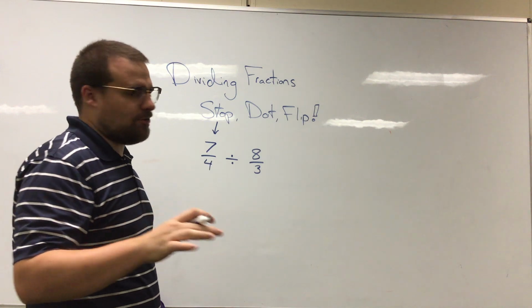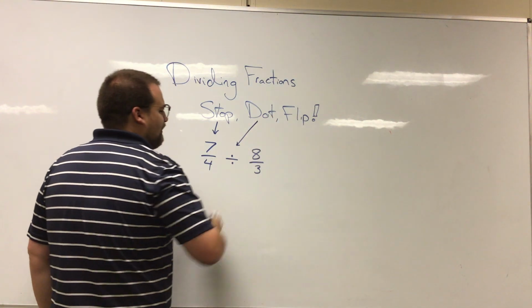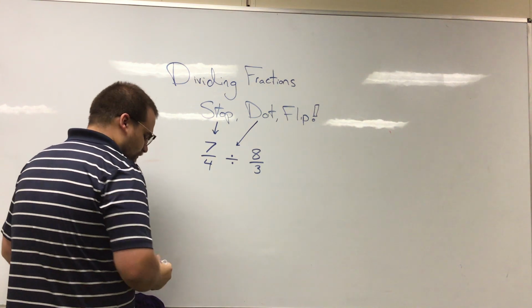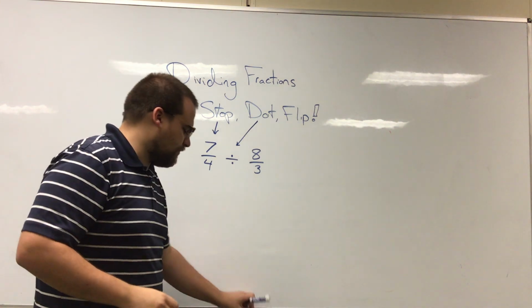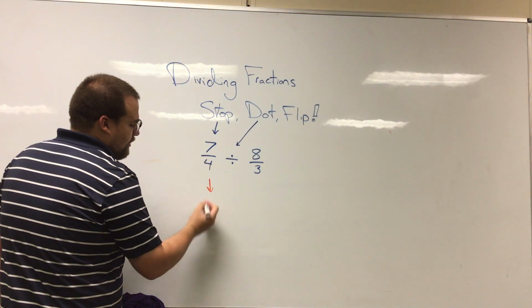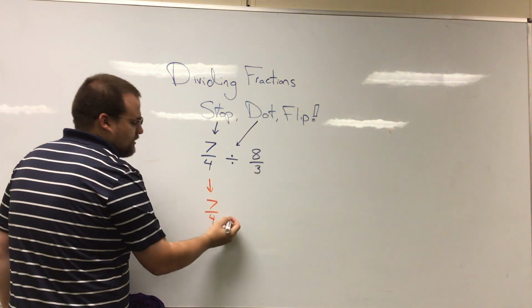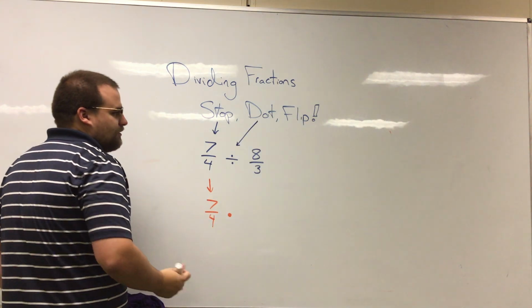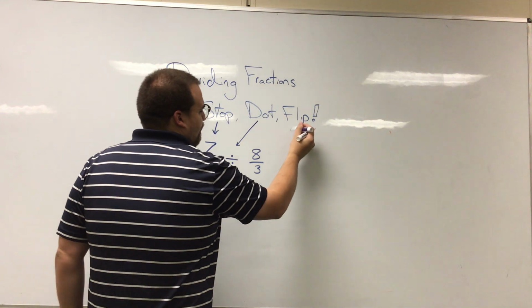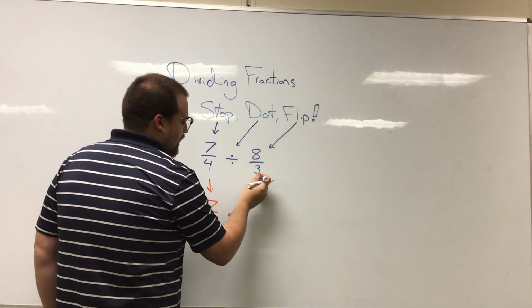It doesn't change at all. Now we turn our division sign into a dot for multiplication, right? That's what that's saying. And I'll write our new expression right under here. So we stop, don't change that at all. We make our division sign a dot for multiplication, and then we flip, or we find the reciprocal of our second fraction.